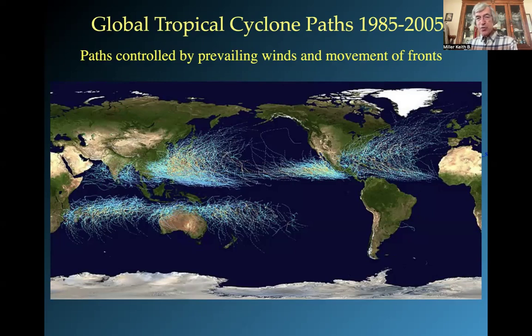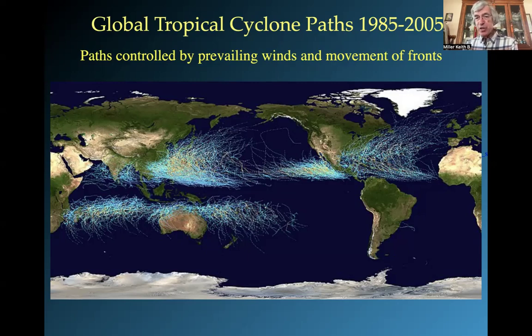And notice there aren't any right at the equator, but north and south of the equator, and particularly in the northern hemisphere. Tropical storms and hurricanes are much stronger and more numerous in the northern hemisphere.